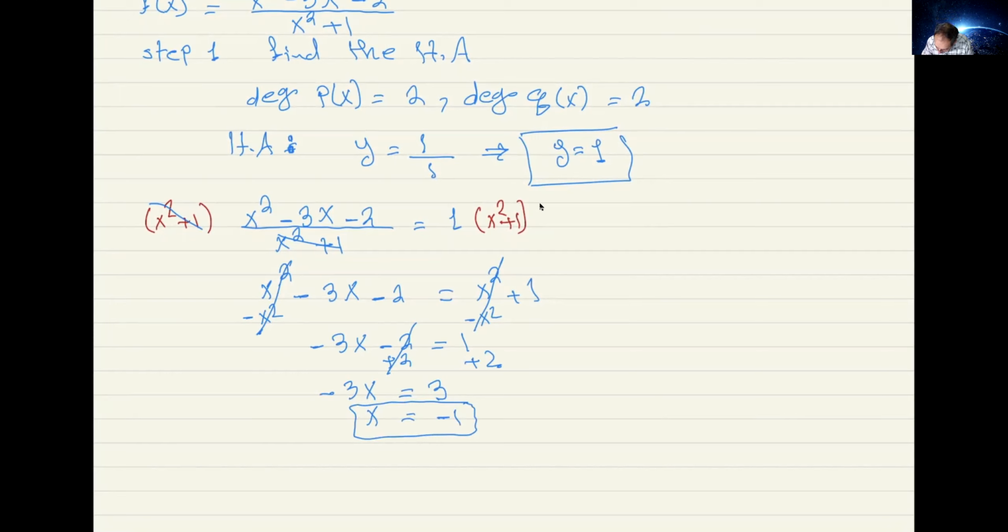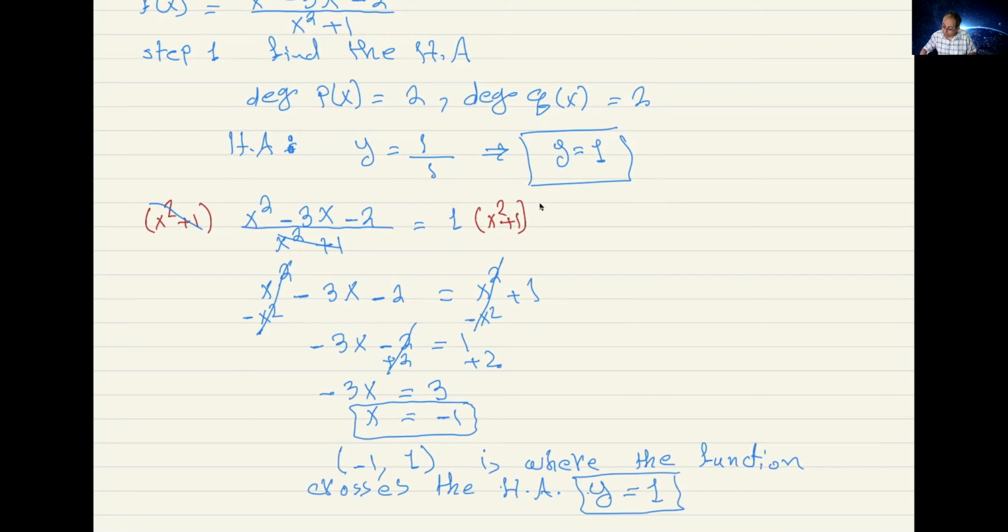So the point negative 1, 1 is where the function crosses the horizontal asymptote y equals 1.